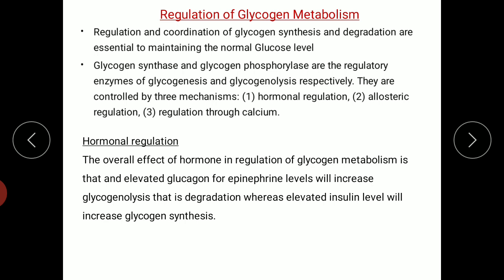Also see epinephrine. Epinephrine is a hormone released during an emergency situation of fight or flight. In this emergency situation, we need more glucose in our blood. So what will epinephrine do? Epinephrine will promote glycogen phosphorylase enzyme, which will provide more glucose to the blood by carrying out glycogenolysis.